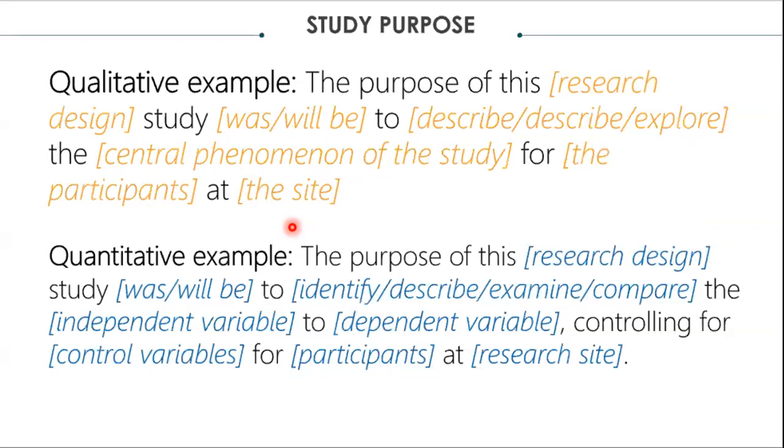You're going to be determining whether or not your null hypothesis is true or false. So in those cases, you might say identify, examine, compare. So some more specific language. And then you'll want to name your independent and dependent variables and potentially any covariates that will be included in the study. And then also you'll plug in your participants and the setting if it's appropriate.